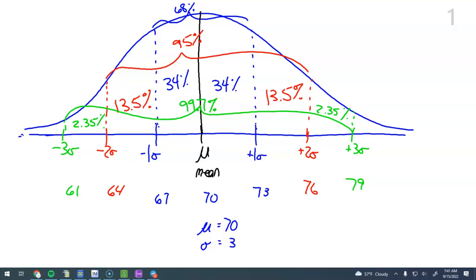So there's only 0.3% left, and that has to get split into 2 sections. So this little guy here is 0.15%, and this little guy here is 0.15%. That is in your notes, right? That little chart thing. If it's not, you definitely want to put it there. Questions on that?